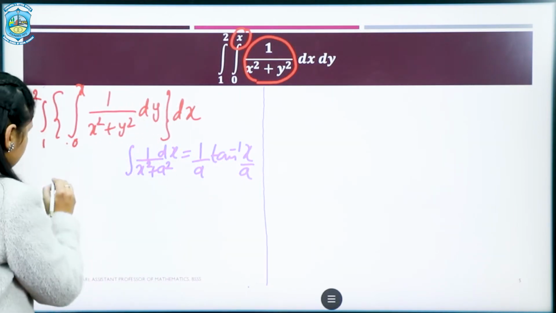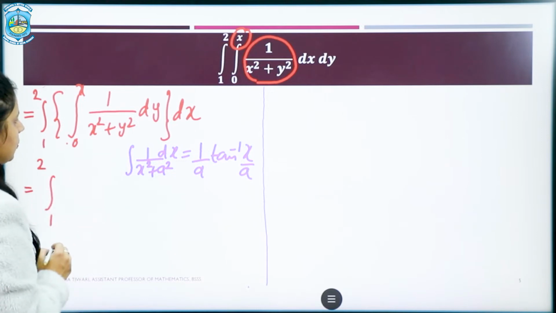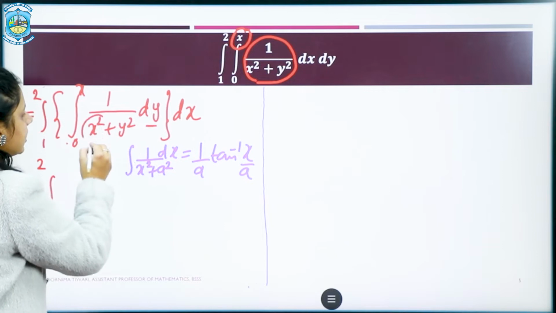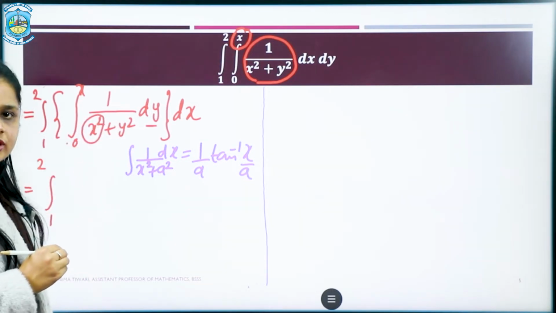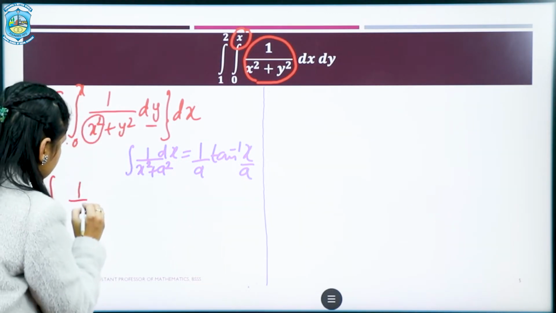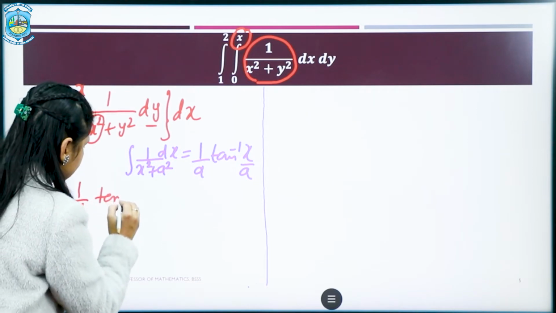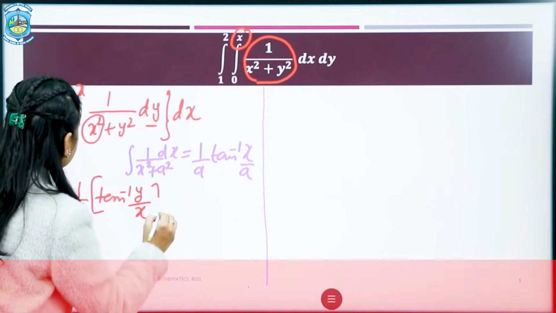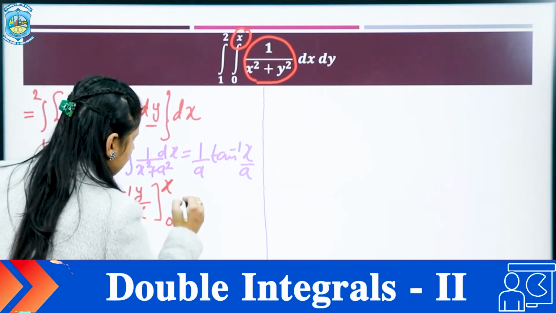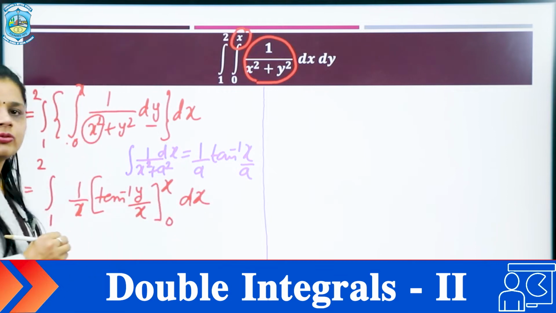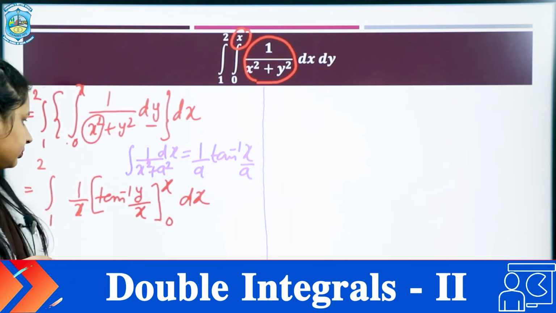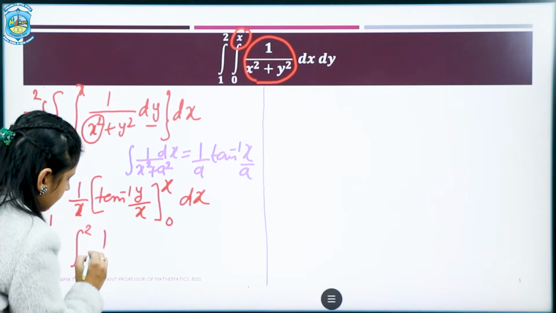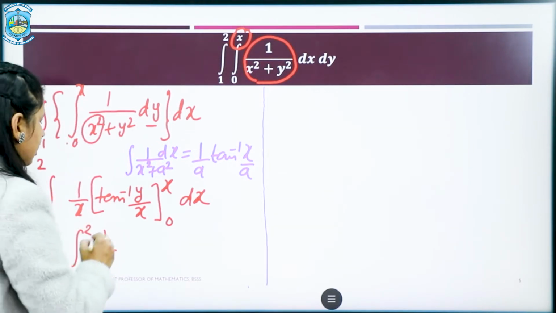So this integral will give us integral 1 to 2. When we integrate with respect to y, x will be treated like a constant. So the value of this integral will be 1 by x tan inverse y by x, limits are 0 to x, and this integral is with respect to x. Now, when we apply limits, the 1 by x remains as it is.